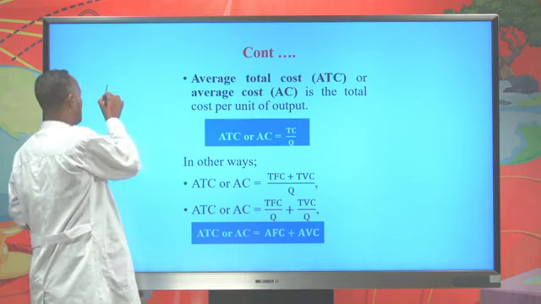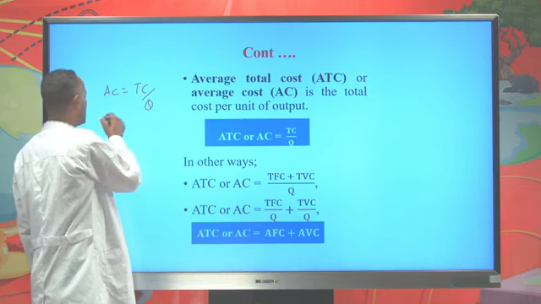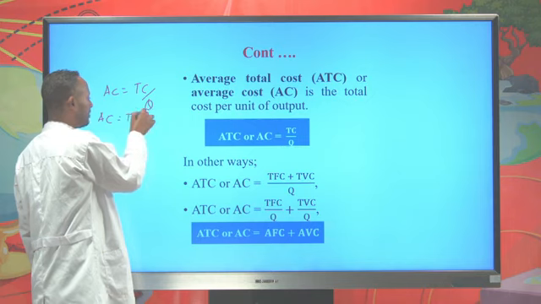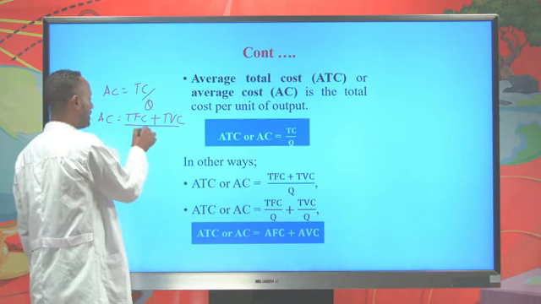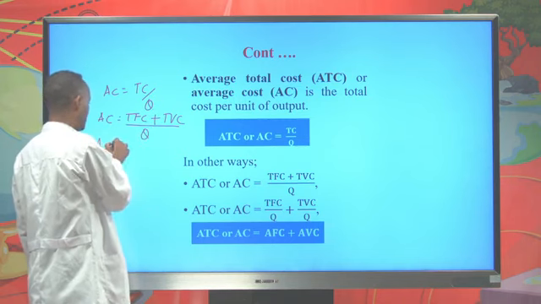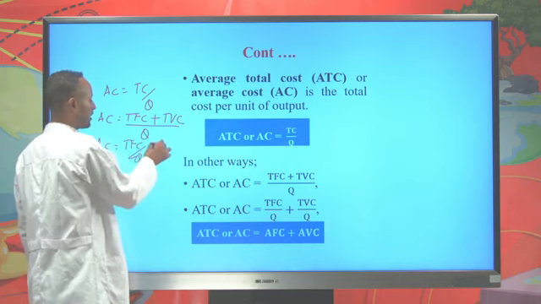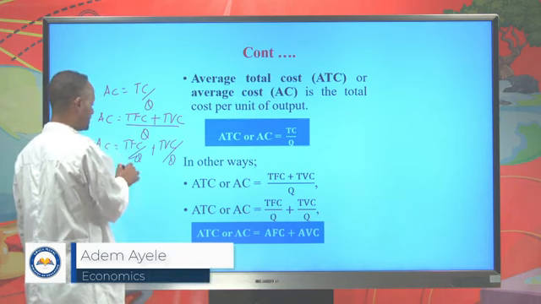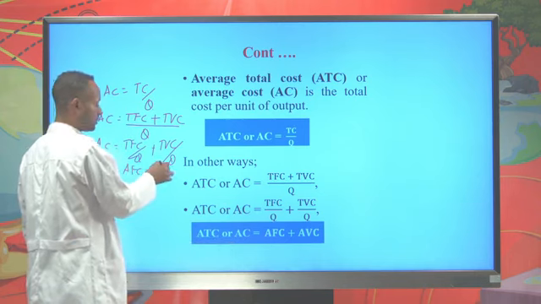Since the average cost of production is calculated by dividing TC by Q, and in the previous lessons we saw that the total cost of production is the sum of the total fixed cost and the total variable cost, when we rewrite this, the average cost of production is TFC divided by Q plus the total variable cost divided by Q. And total fixed cost divided by Q is the average fixed cost of production, and TVC divided by Q is the average variable cost of production.